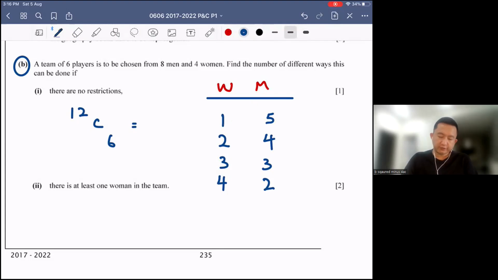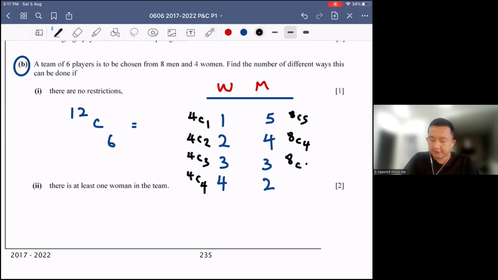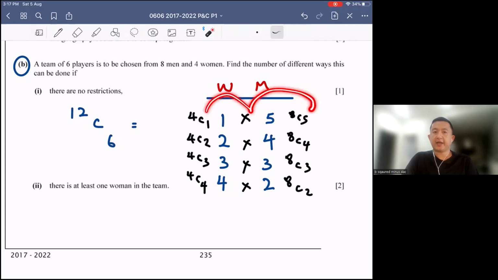So if I can do it this way, then of course I can do it this way. But it will be long, the working step. In order to be 1 woman, I have 4C1, for the total 4, 4C2, 4C3, and 4C4. And then for the men, 8C5, 8C4, 8C3, 8C2. You can list out like that, okay? You can have 4C1 multiplied by 8C5, case number 1.